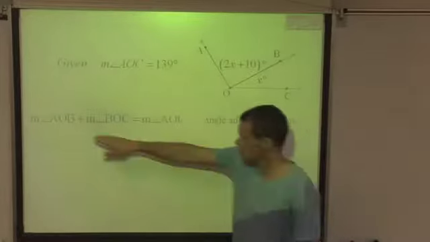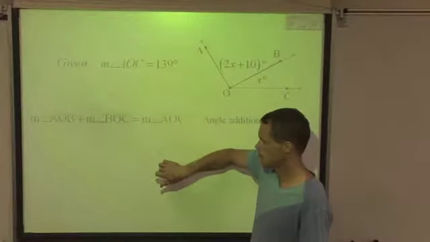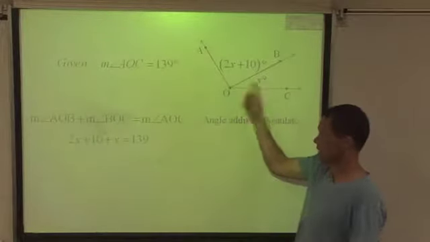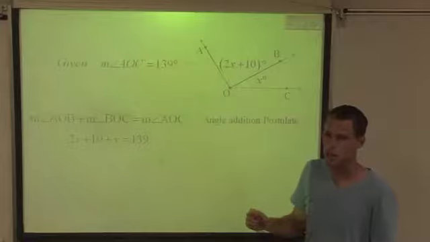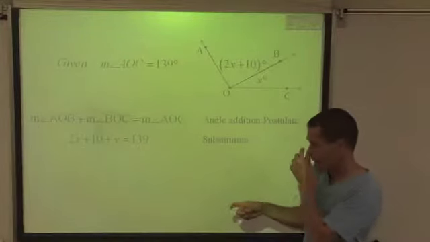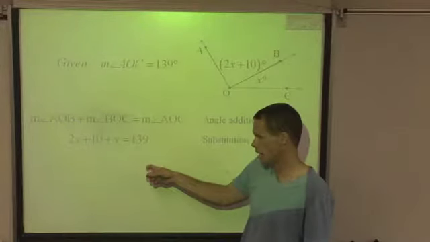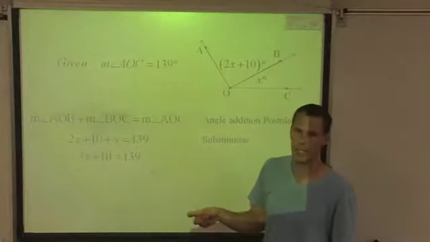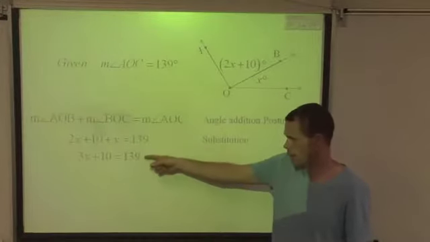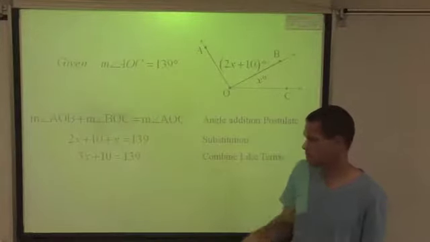Now, if this is true, then we can say that 2x plus 10 plus x equals 139. This is substitution. If 2x plus 10 plus x equals 139, then 3x plus 10 equals 139. What did we do here? If, then, because, we combine like terms.